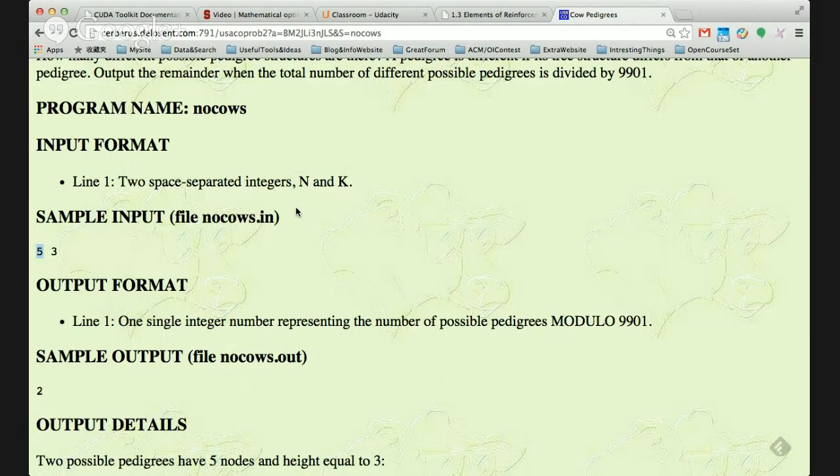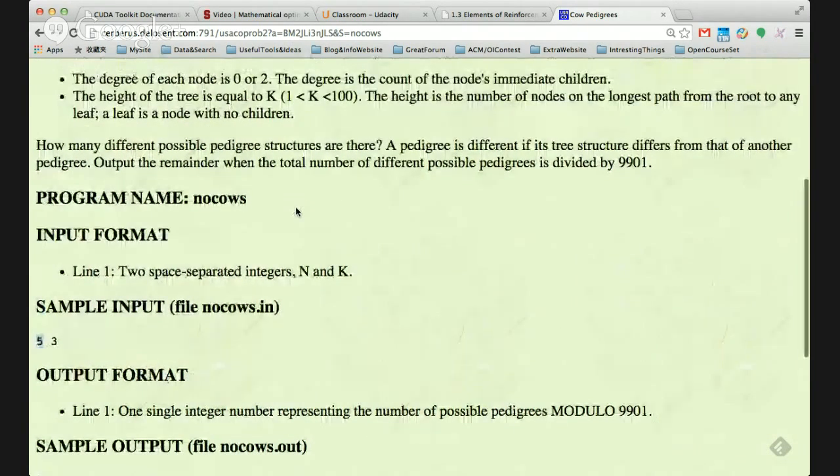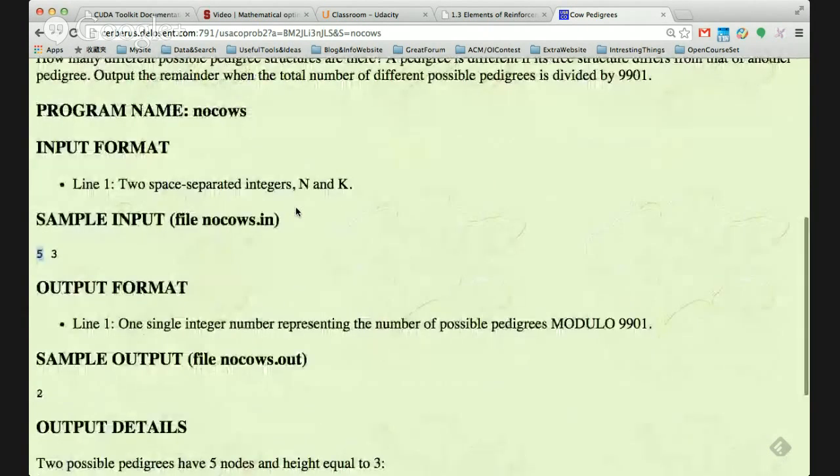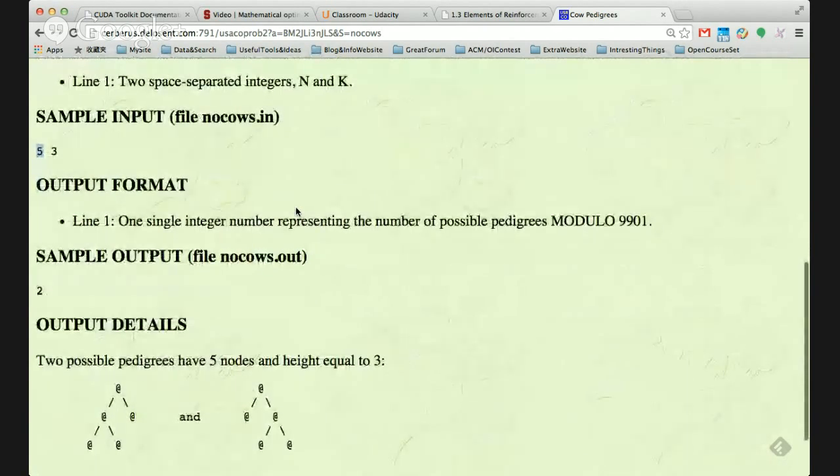One is how many nodes are in this binary tree, and two, K, the height of this tree. You are given 5 nodes, and this tree's height is 3. Pretty cool. And then you want to find out how many structures, how many trees I can make.